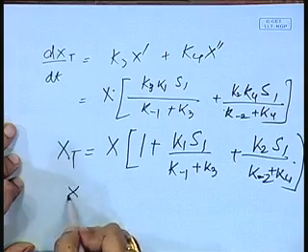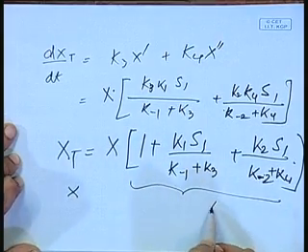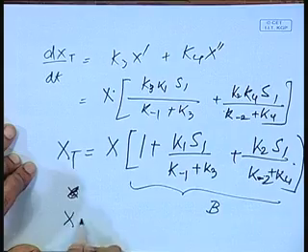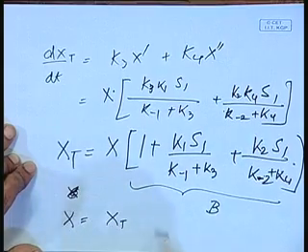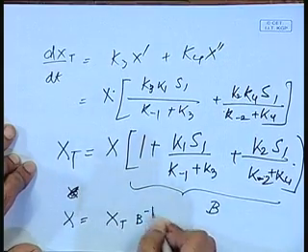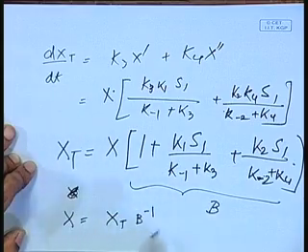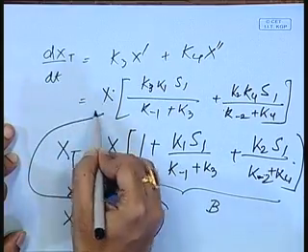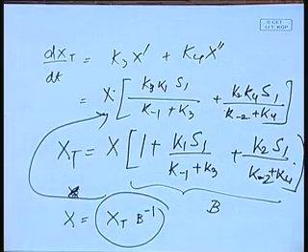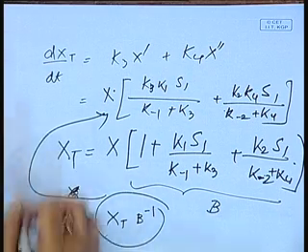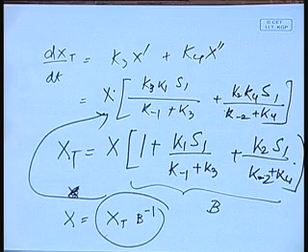So if this quantity is too big, let me call it b. So x is xt times b inverse, and then you can put it into this whole equation. So then you can get it in that form.